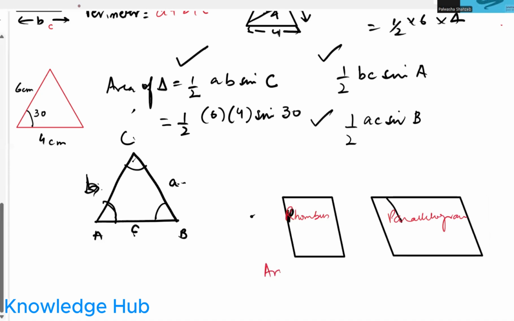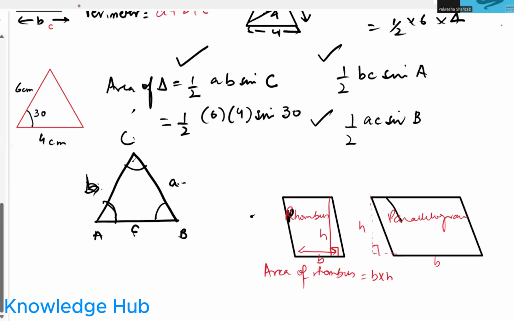So the formula for the area of a rhombus is base into height. Again, I have discussed it very clearly that height is always perpendicular on base. So this is base and this is height. So the formula for the area of rhombus is base times height.